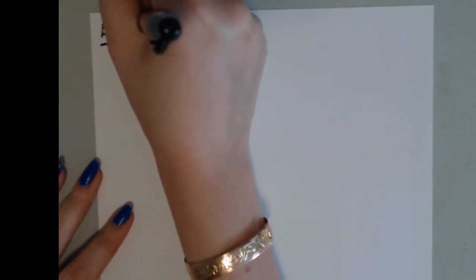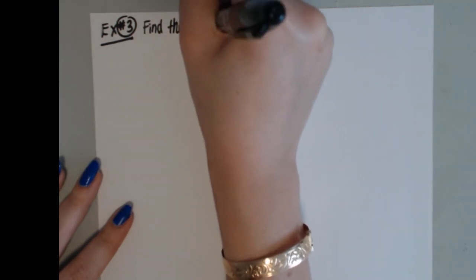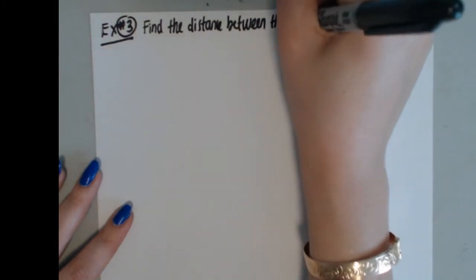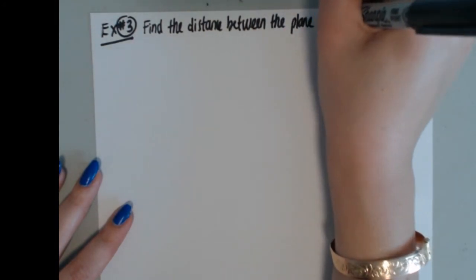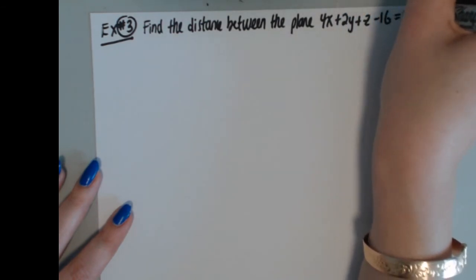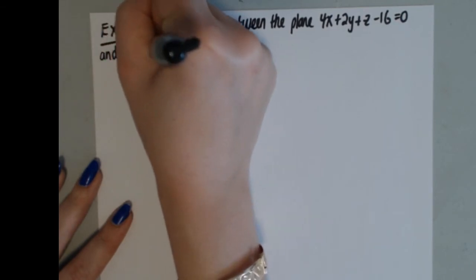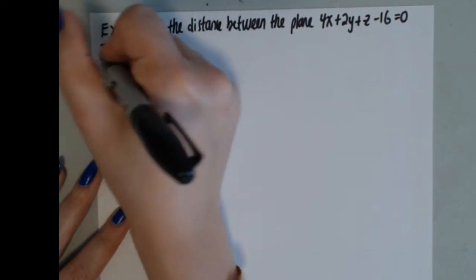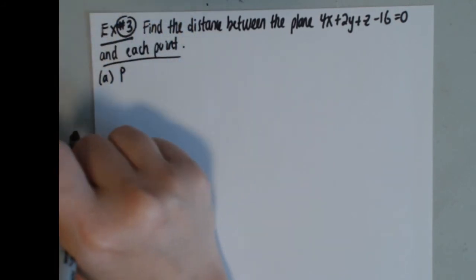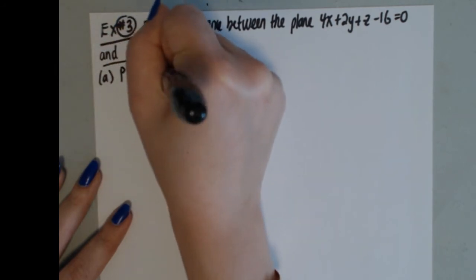Find the distance between the plane 4x plus 2y plus z minus 16 is equal to 0 and each point. We're going to have two parts to this question, A and B. In part A, we have to find the distance between this plane and the point P, which is at 10, 3, minus 8.